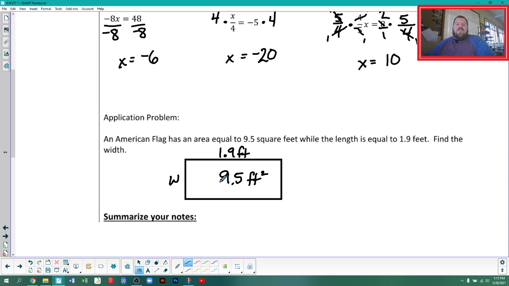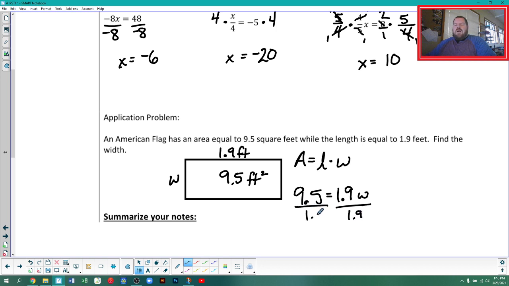The area of a rectangle is length times width. That's what the area is. So if we put the numbers in where they go, 9.5 equals 1.9 times the width. Well, in order to solve that, I want to divide by 1.9.